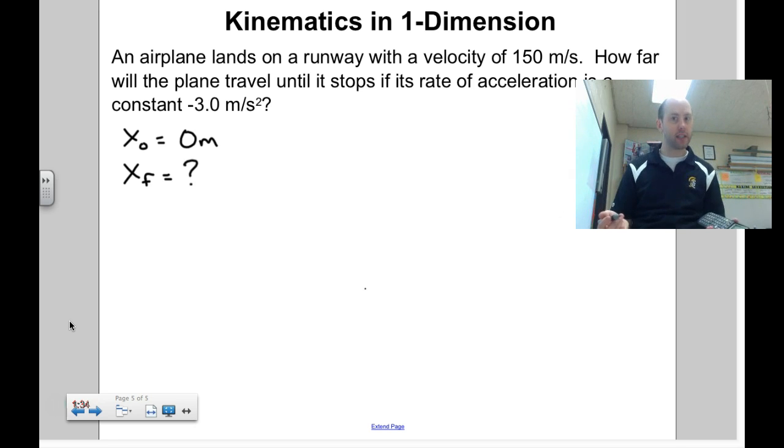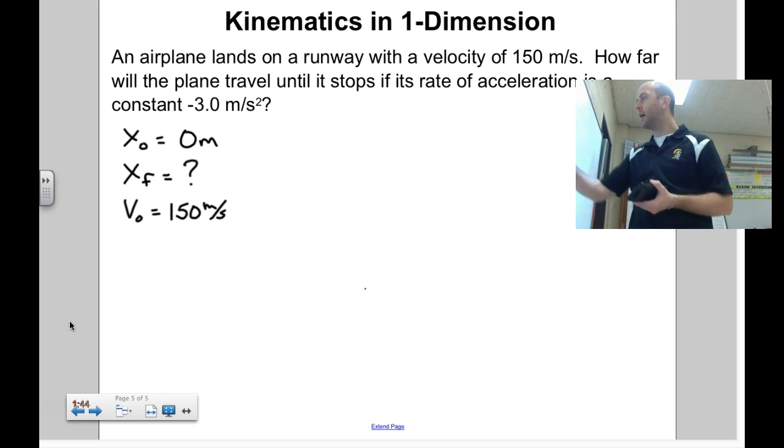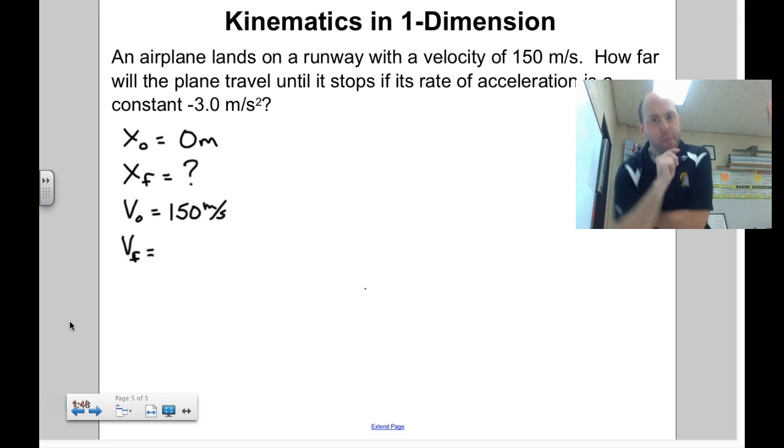Next, I'll do my velocities. My v naught, my initial velocity, is 150 meters per second. My final velocity, they didn't give me a number, but they did in words. It says how far will the plane travel until it stops.